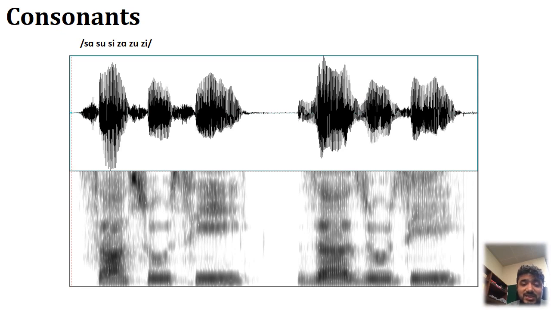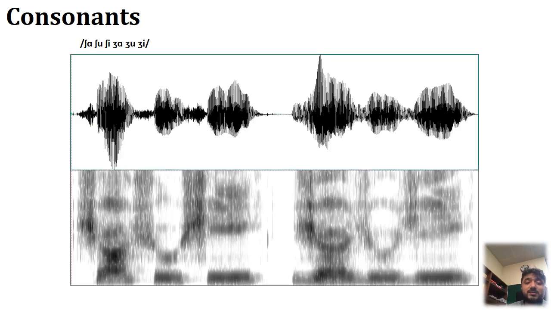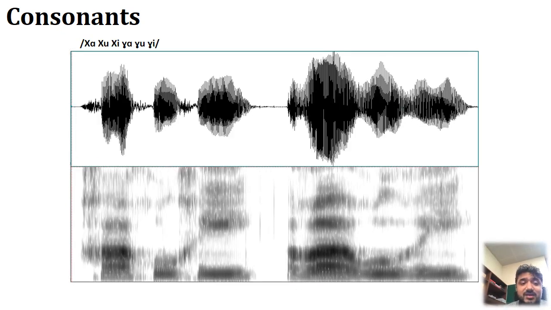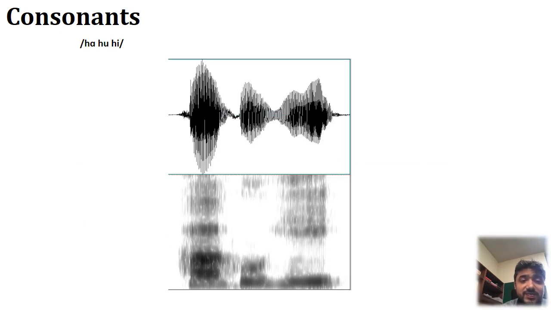Sasusi, zazuzi, the high energy noise is visible here as well. Shashushi, jajuji, stridents, high energy voicing. Hahuhi, raguri, we did not go into a lot of detail on this.